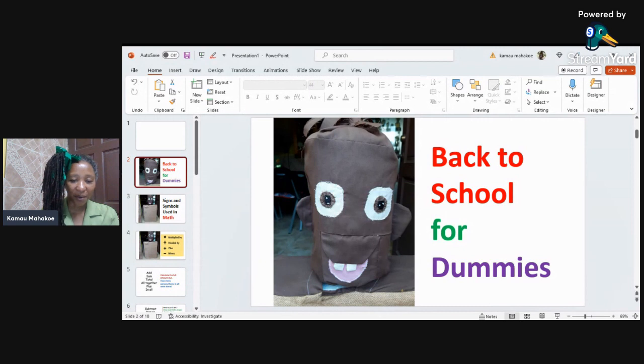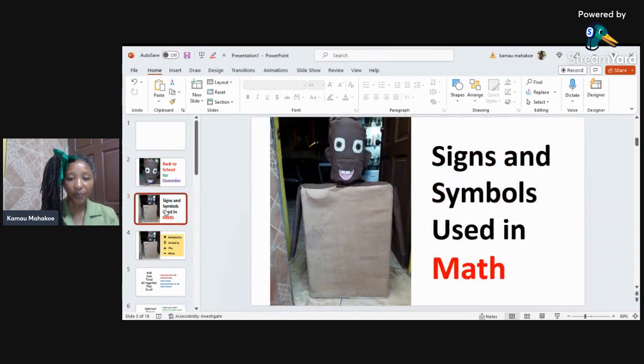That's our puppet that we're going to be using as our learning aid in these sessions. For the time being, you're going to be seeing Dum Dum in the presentation, and later on, you'll see him in person. So let's go back to school for dummies, and the topic is signs and symbols used in math.